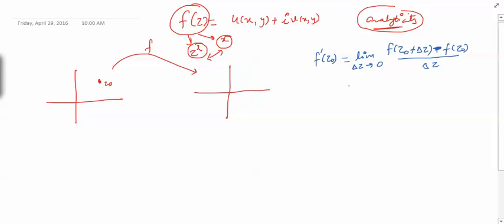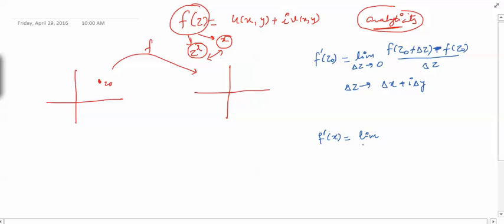Now here you have to notice that delta z is a complex number, so it is a combination of delta x and delta y. Let us draw the parallel analogy with real analysis. In case of real analysis we had the limit of del x tends to 0 at any point x0. Differentiability means we have to check the limit of f of x0 plus del x minus f of x0, divided by del x.